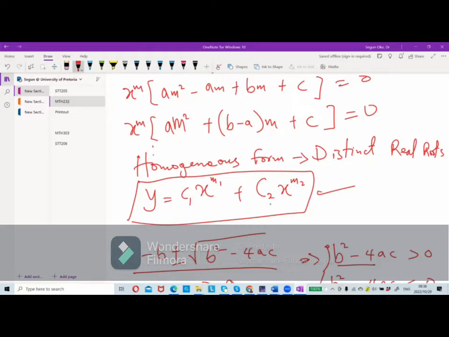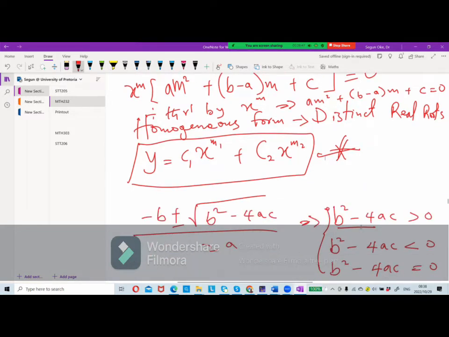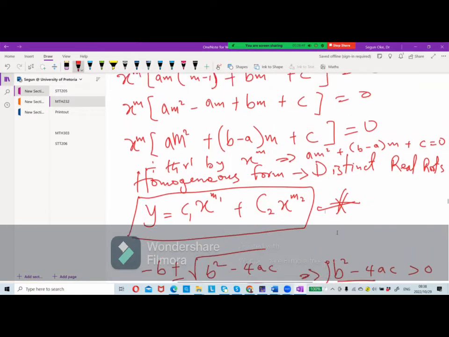If you divide through by s raised to power m, it implies that am squared plus (b minus a)m plus c equals 0. That's all that remains. So that's what now led to this one, so take note of that. This particular one, you come up with when you solve for this. As a quadratic, you have m1 and m2.